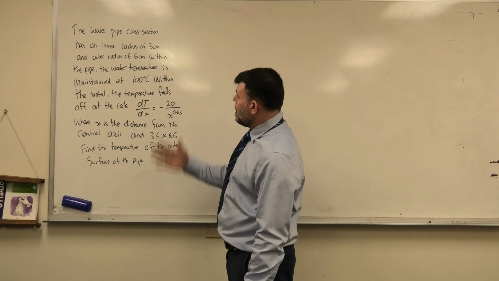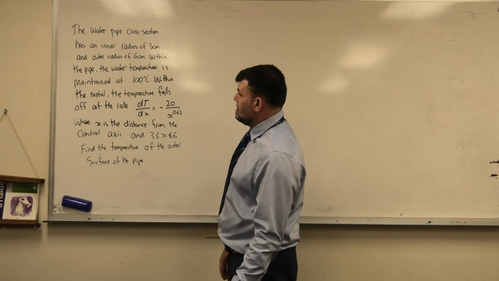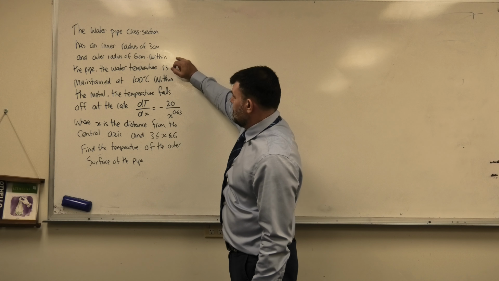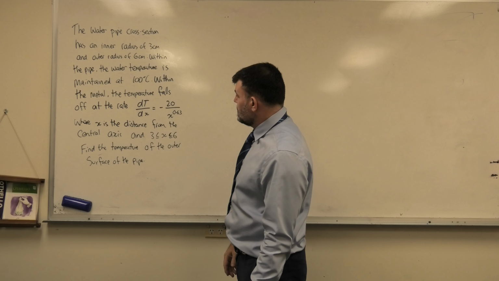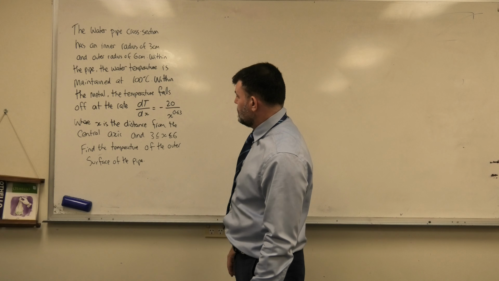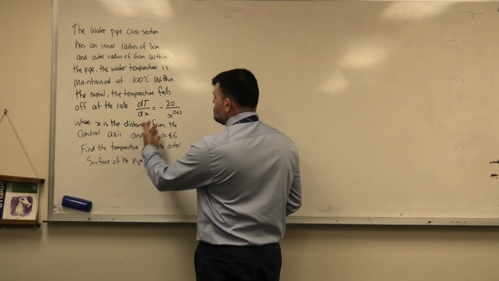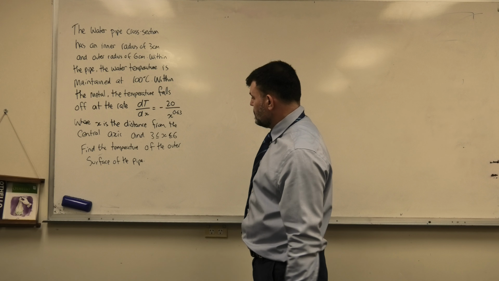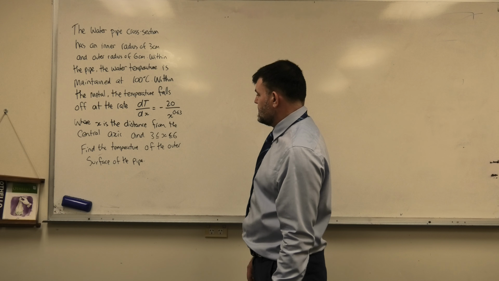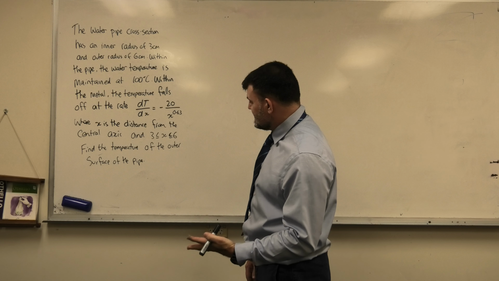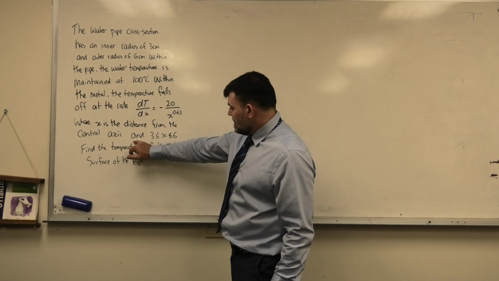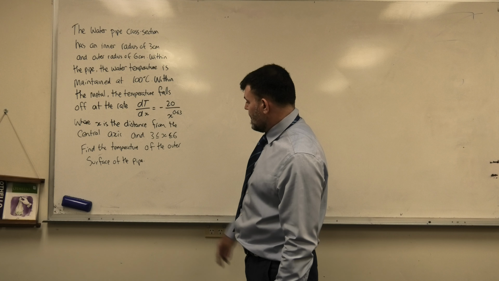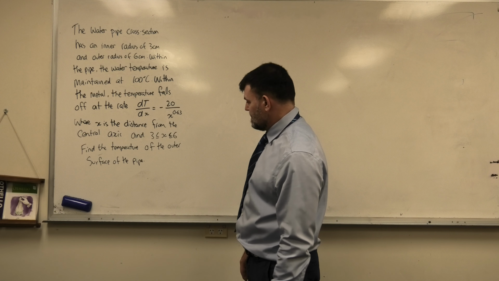We've got a water pipe cross section with an inner radius of 3 centimeters and an outer radius of 6 centimeters. Within the pipe, the water temperature is maintained at 100 degrees. Within the metal, the temperature falls off at the rate dT/dx equal to negative 20 over x to the power of 0.63, where x is the distance from the center axis, between 3 centimeters and 6 centimeters.